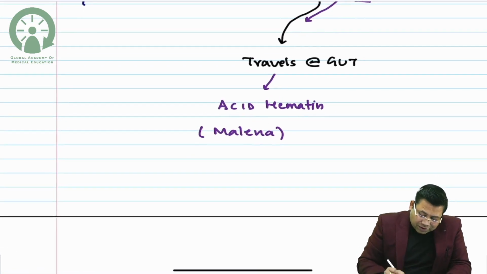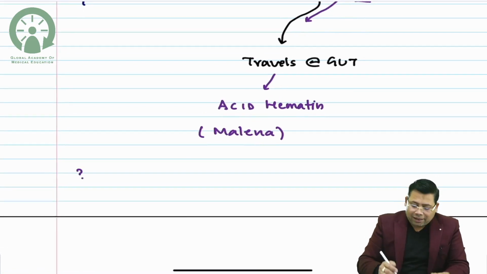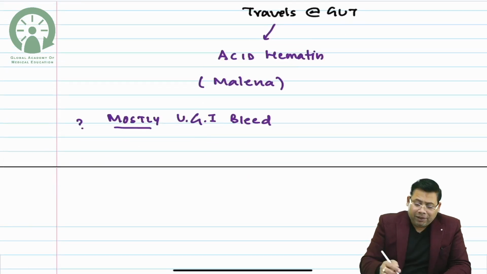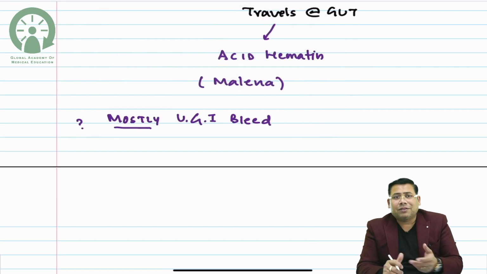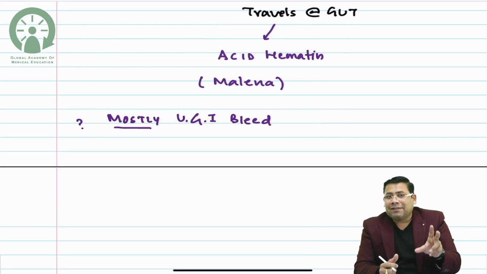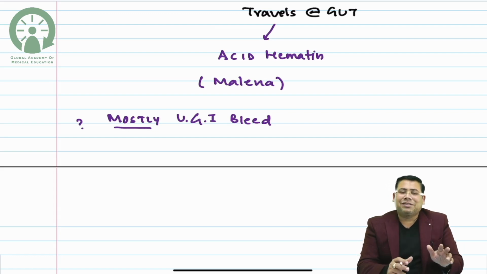Now the question is, we understand it is mostly an upper GI bleed. So can melena be a lower GI bleed? Now there are two big troubles. First of all, acid is not there, but yes, the colonic flora, the intestinal flora, has peroxidase activity. But what you need is sufficient time.